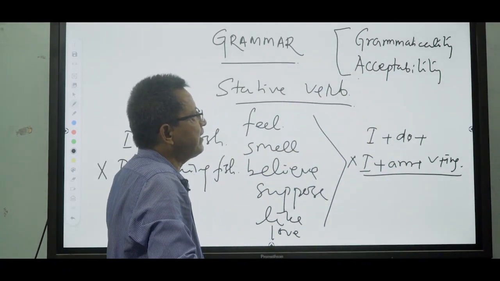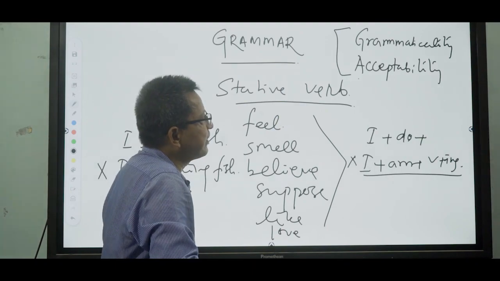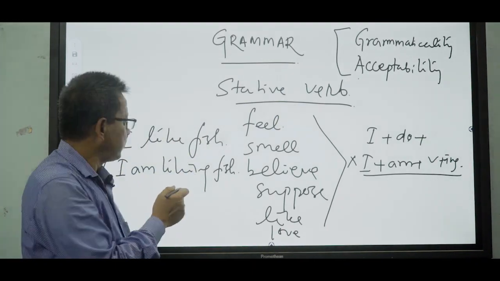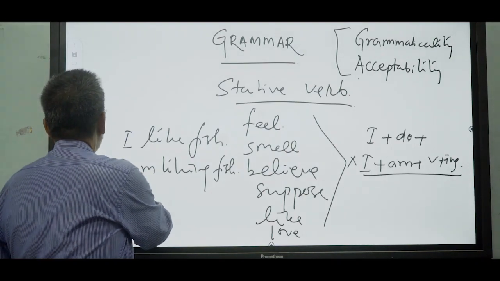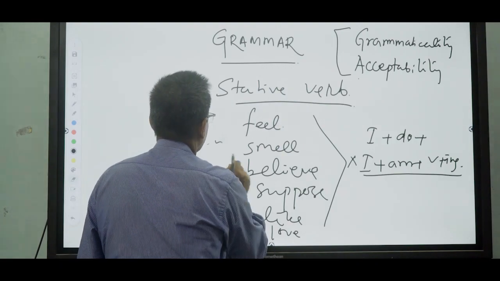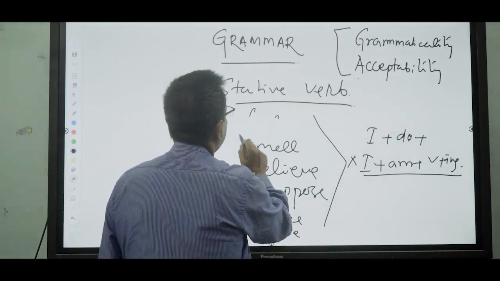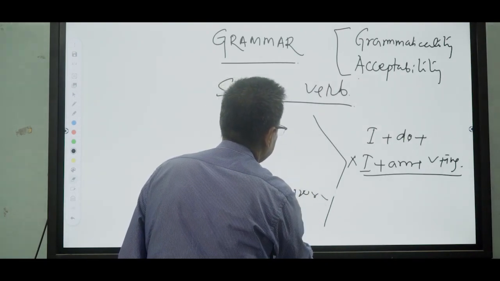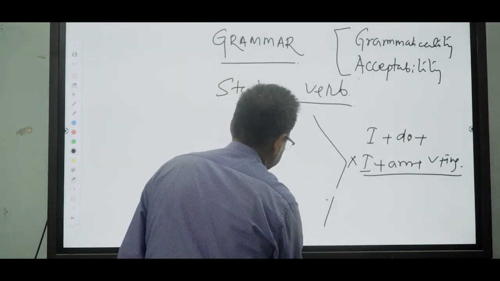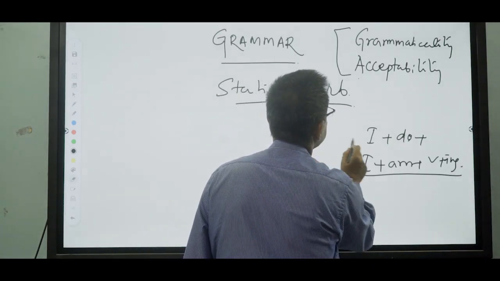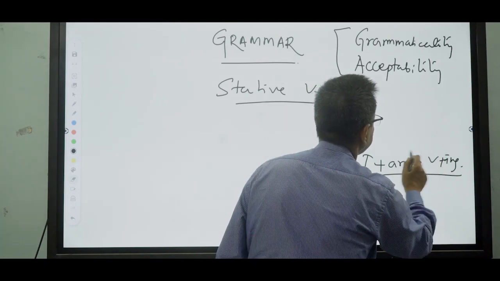One is grammaticality, the other is acceptability. Whether this sentence is acceptable to a native speaker? No, this sentence is not acceptable to a native speaker. So usually stative verbs are not used in continuous forms. Okay, there are various things, but I showed you these two examples.